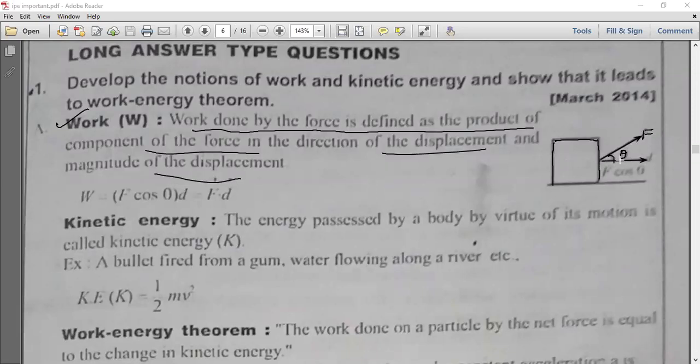If I resolve into two components, one is F cos theta, another is F sin theta.